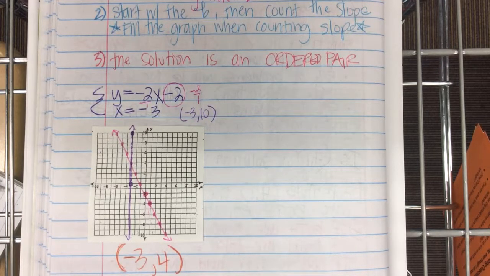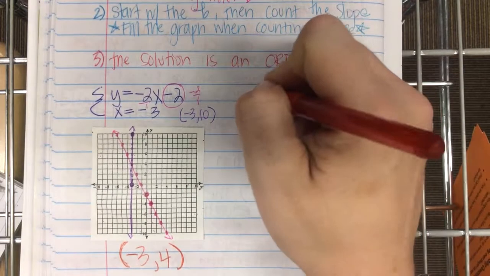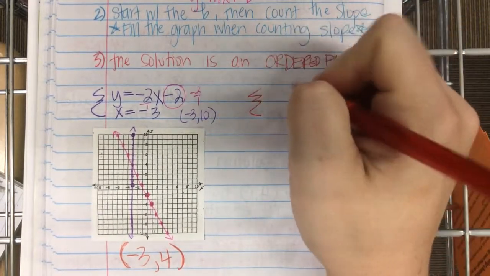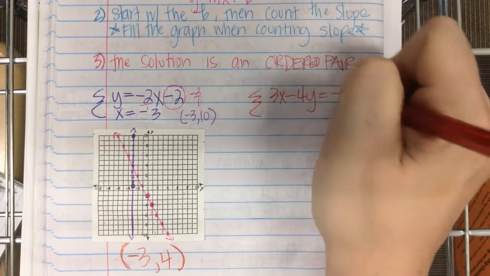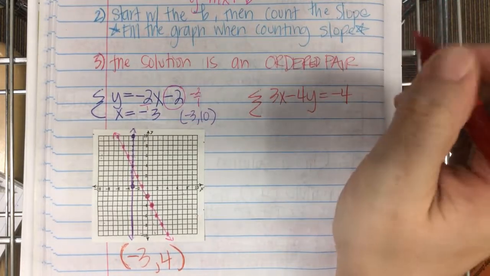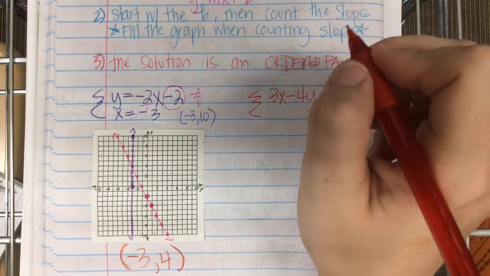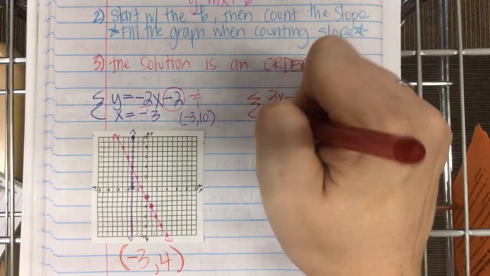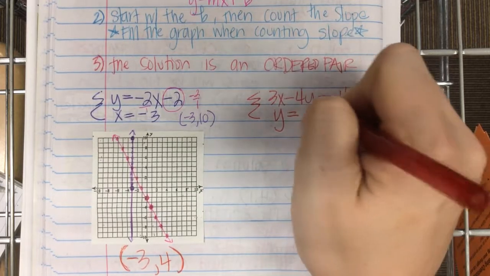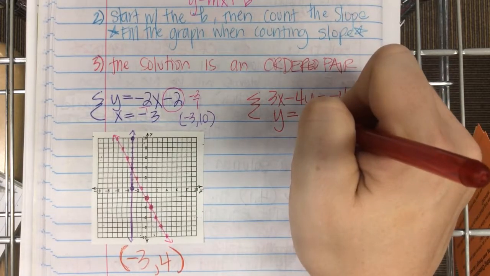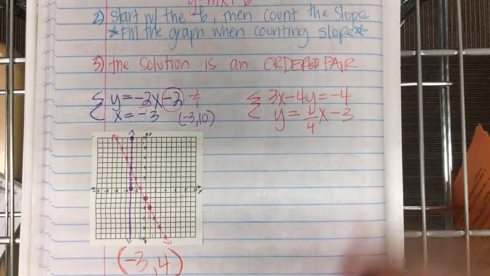Okay, let's try this one. 3x minus 4y equals negative 4, and y equals 1/4 x minus 3.